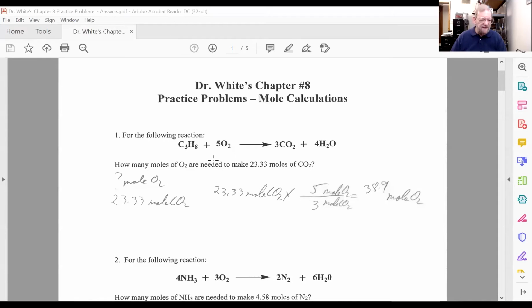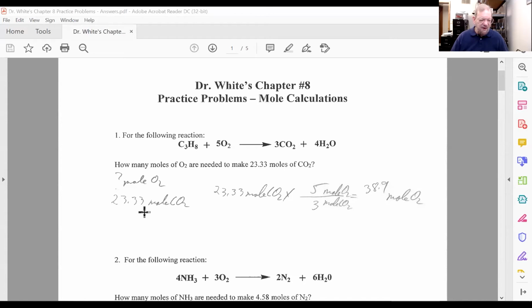Now, let's look at the following. Number one, for the following reaction, and I give you a balanced chemical reaction, how many moles of oxygen are needed to make 23.33 moles of carbon dioxide? What are you trying to make or solve for? Moles of oxygen.